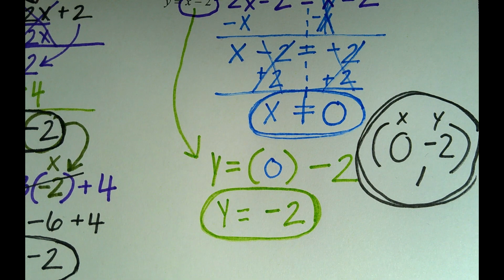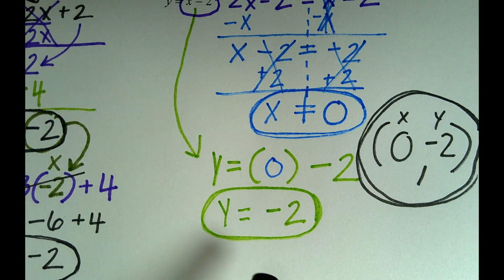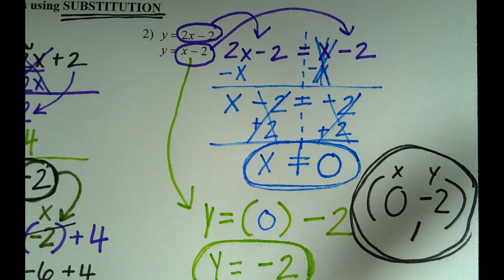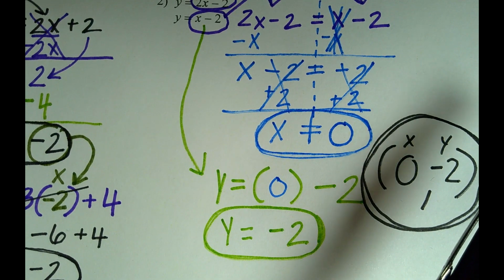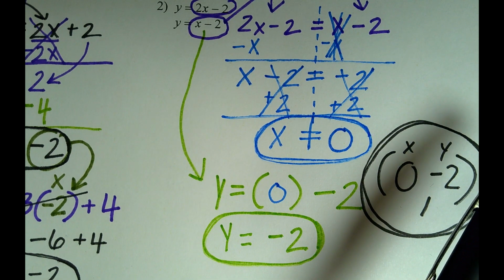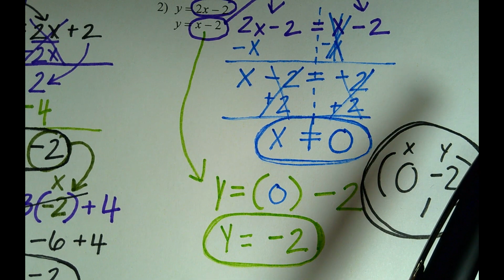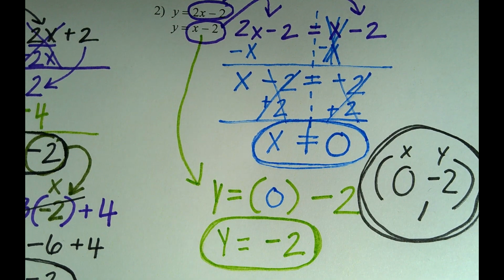You did the opposite of that? Say that again. 2, 4, negative 2. Where'd you get the 4?